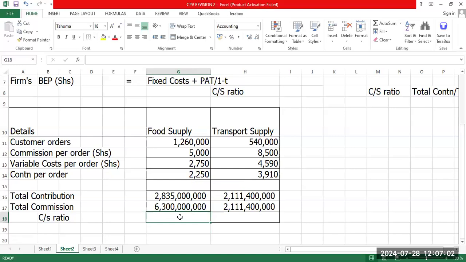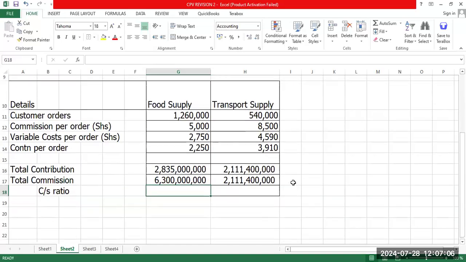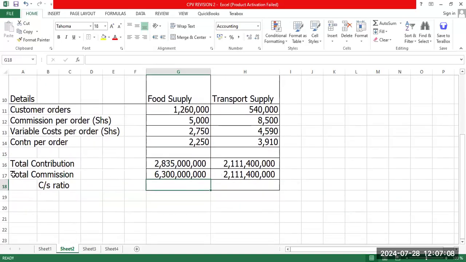How do we get the contribution to sales ratio? We said it is total contribution divided by total sales. Our total sales are these ones. Here our figures are in shillings. So we just get this figure, then we divide by this.